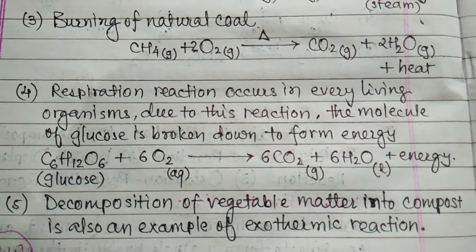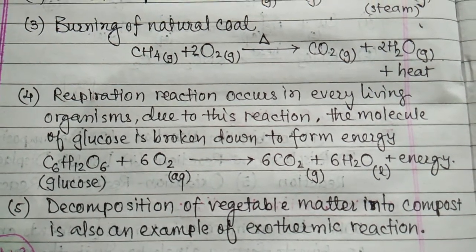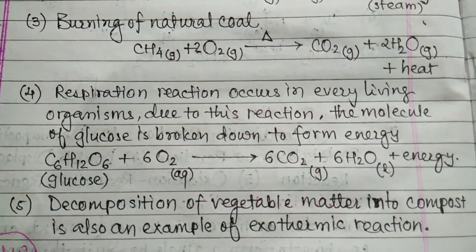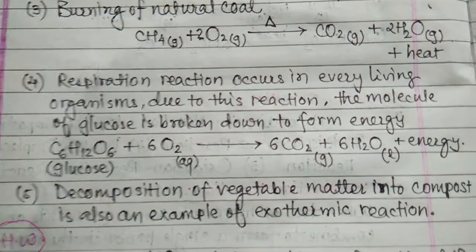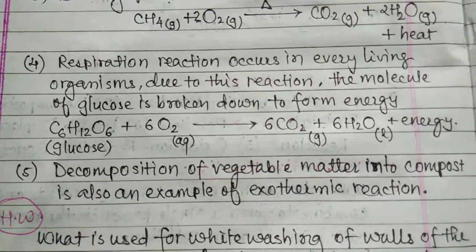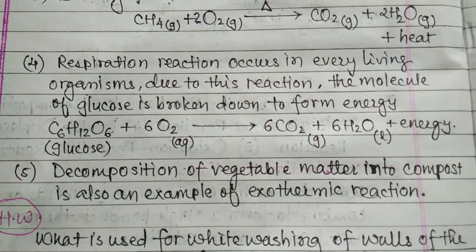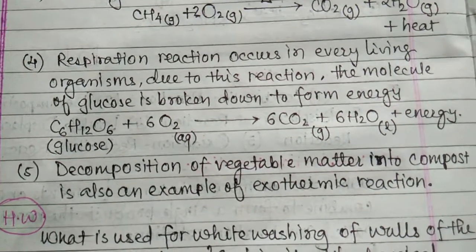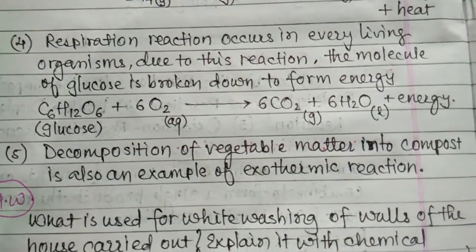So we respire, and in the presence of oxygen, the glucose is broken down and energy is formed. So this reaction is an exothermic reaction because after the complete reaction, energy is liberated in the form of heat.